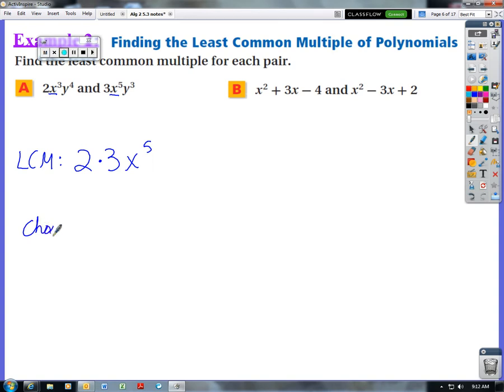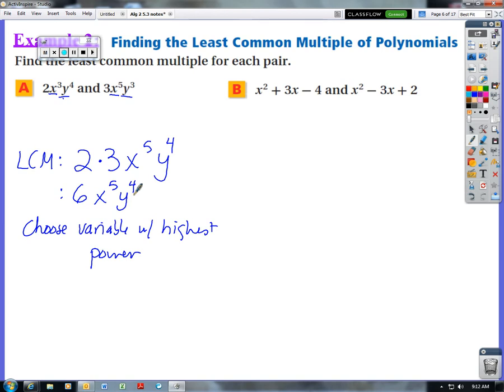Choose the variable with the highest power. And then the y's, you've got y to the 4th and y to the 3rd, so we need to choose y to the 4th because it has the highest power. So the least common multiple is 6x to the 5th, y to the 4th. The 6 is the smallest number that both 2 and 3 will divide into.